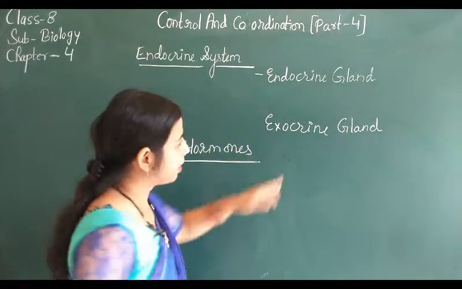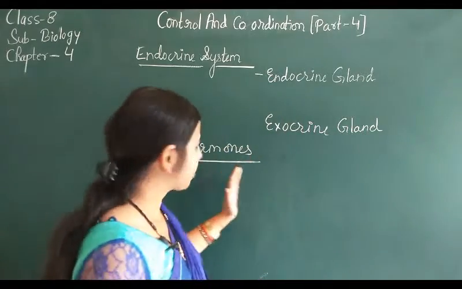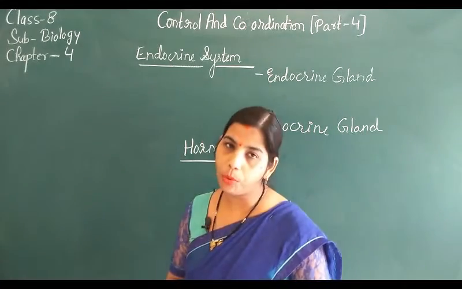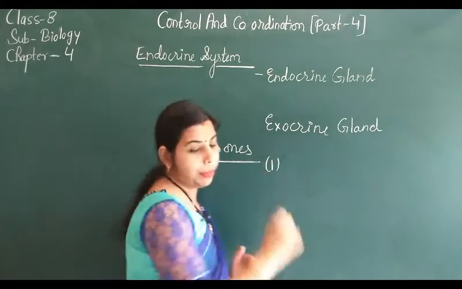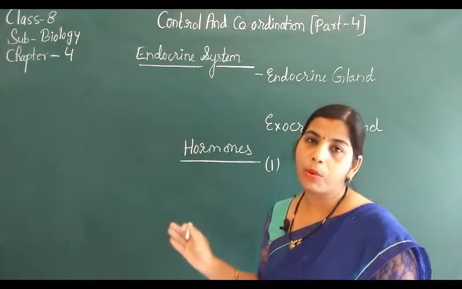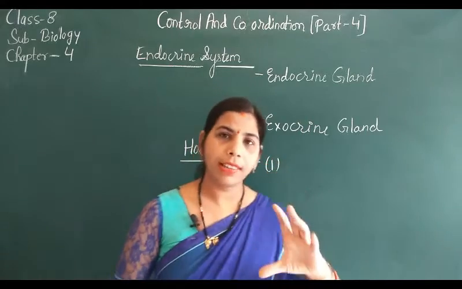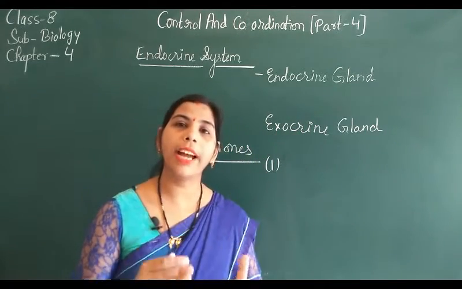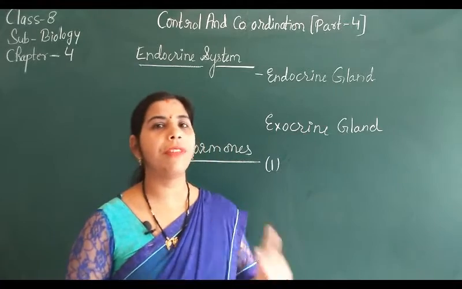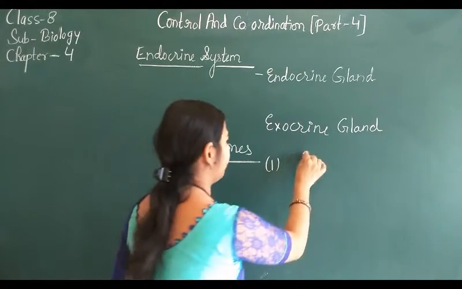That means the chemical substances which are secreted by the endocrine glands are known as hormones. Hormones are chemically protein. They are secreted in very small amounts and reach the blood stream, and the parts of the body where they reach and have their effect are known as the target organs.